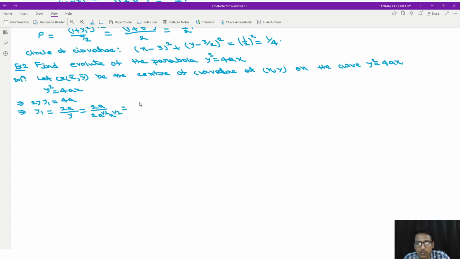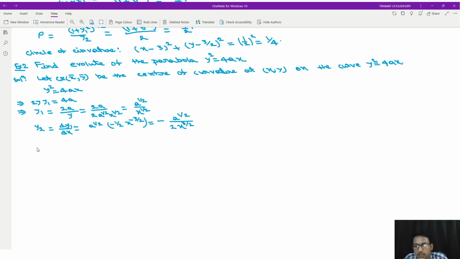So y1 is a to the power half divided by x to the power half, and y2 is dy1 by dx. So this is a to the power half into minus half x to the power minus 3 by 2, which is minus a to the power half divided by twice x to the power 3 by 2.